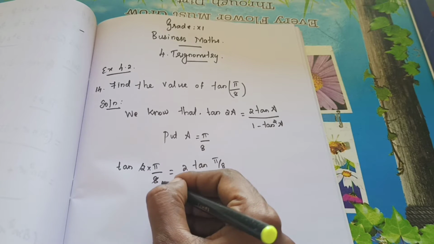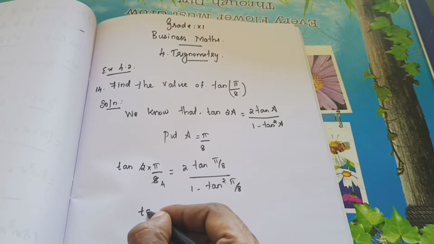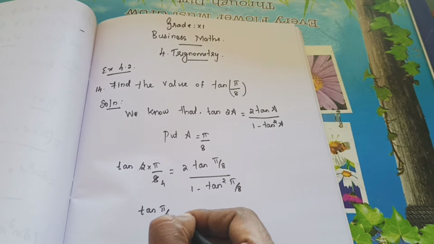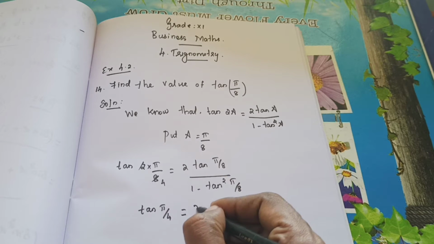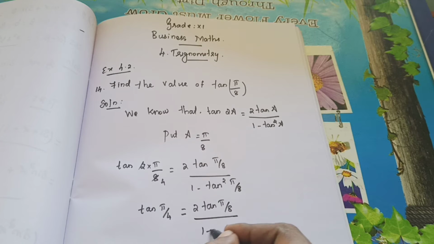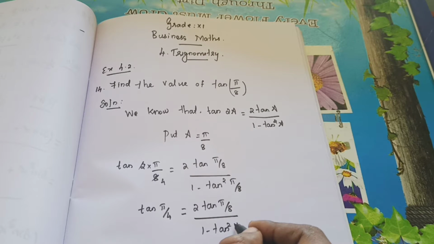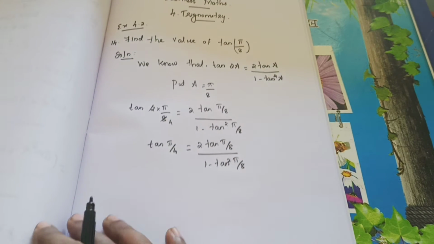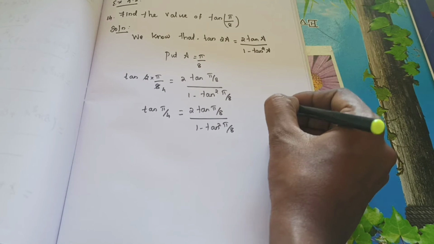Here the 2 and 8 get cancelled. You will get tan pi by 4 equal to 2 tan pi by 8 divided by 1 minus tan square pi by 8. Correct? Now, what's the value for tan pi by 4?